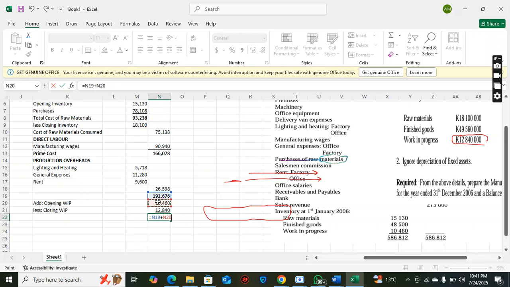How can you know if something is named production if there's no word factory attached to it? If it hasn't got factory attached to it, then it's going to the office.